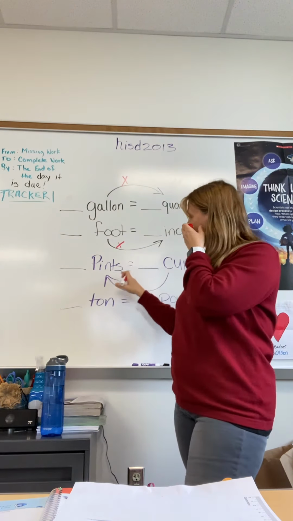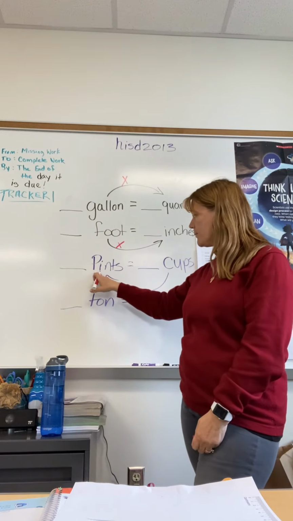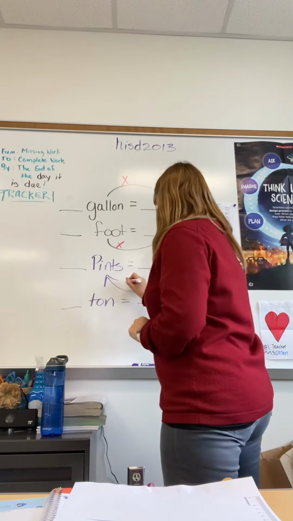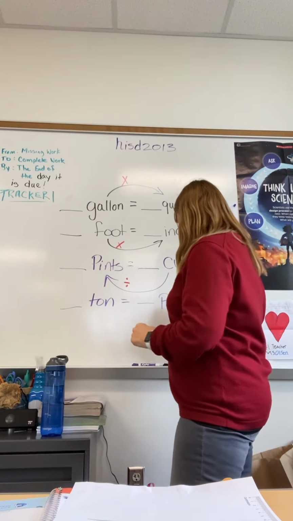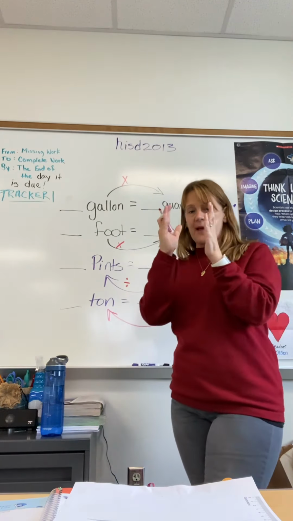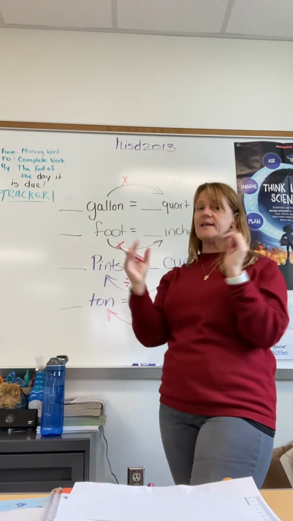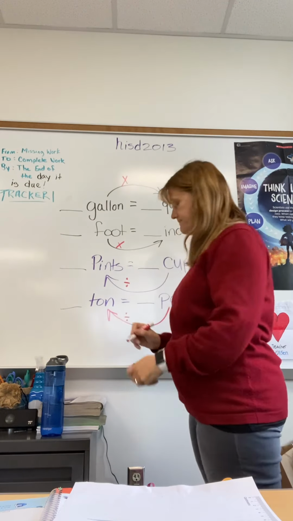When we come down here, we're starting over here at our cups, and we're going to go from our cups over to our pints. Well, we have cups. A pint is bigger than a cup, so we have to divide. If I'm going from pounds to tons, so a pound, and then there's a ton. Well, my hands separated, that means I'm choosing the operation to divide.